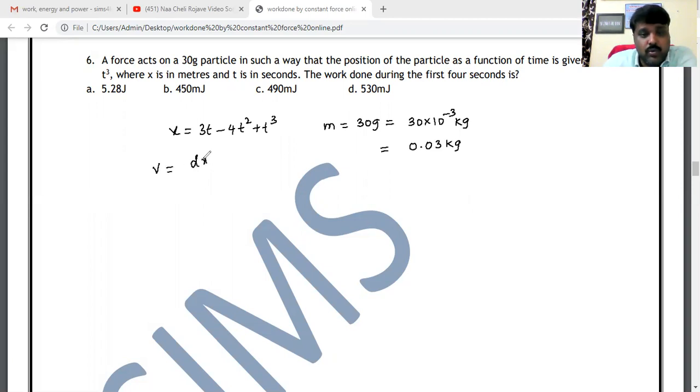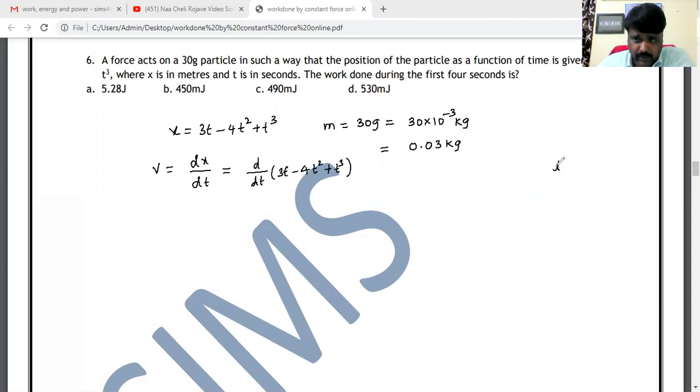Velocity equals d by dt of x, that is the rate of change of displacement, that is d by dt of 3t minus 4t square plus t cube.